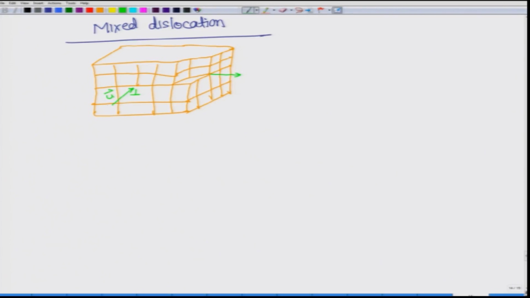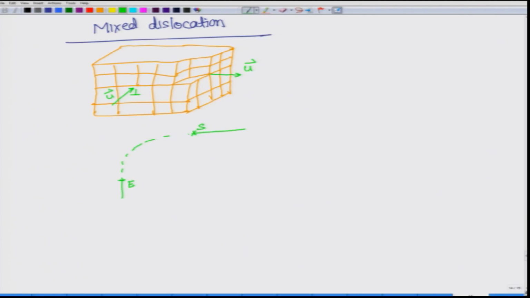Let us describe the line vector like this, so that it is going in and coming out, and accordingly there is an edge dislocation and there is a screw dislocation over here. Inside it, something like this is happening. This is the point where we are seeing screw dislocation, and this is the point where we are seeing edge dislocation.